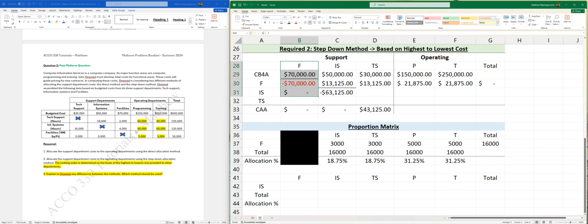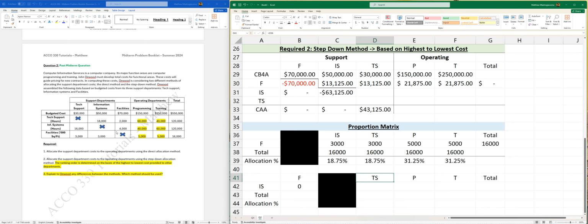Well, we're doing the step-down method. So even though information systems helps facilities by providing them 4,000 hours of support, this is the step-down method, so it's 0. Next, how much does information systems help information systems? Do you ever self-allocate? No. I'm literally blocking it out here for a reason.